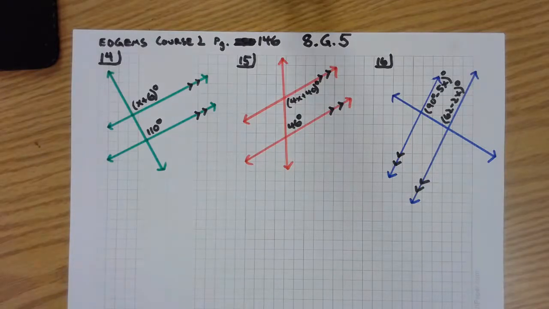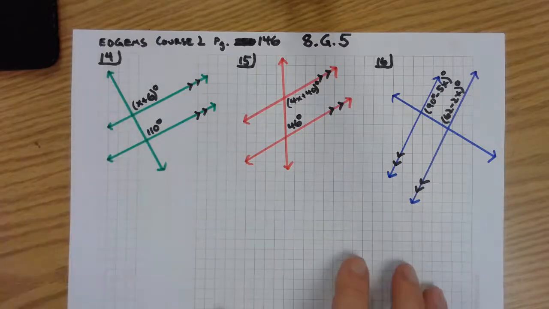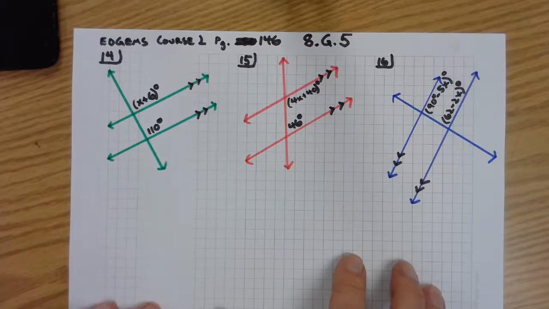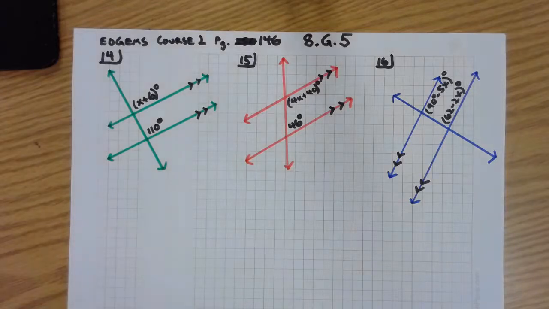We've been working in class on the vocabulary of naming angle pair relationships and the characteristics of them that will then allow us to solve for an unknown number, x, and come up with missing or unknown degrees in given shapes. We're talking about parallel lines.